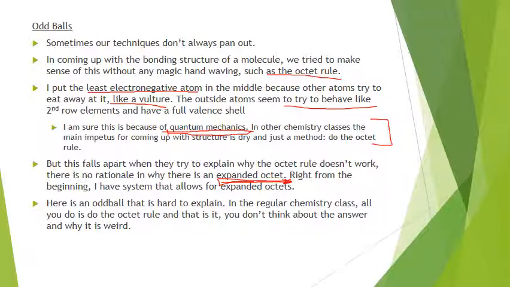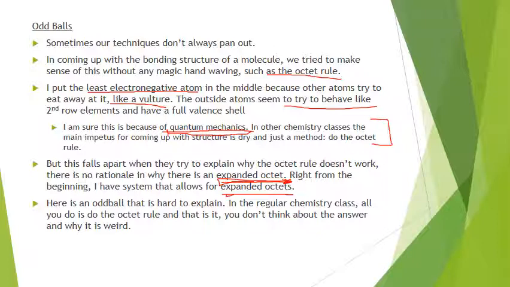We allow for octets and expanded octets to happen, just by doing the method I came up with. So I didn't say you need to have 8 electrons around each atom. I said what you need to do is have the outer atom have the number of electrons that it would have if it was in the second row, which usually means that the outer atoms will have octets, and not always the center atoms.